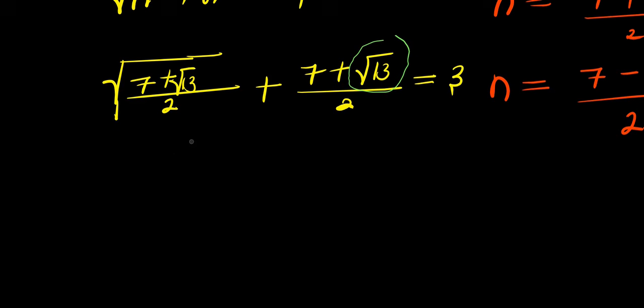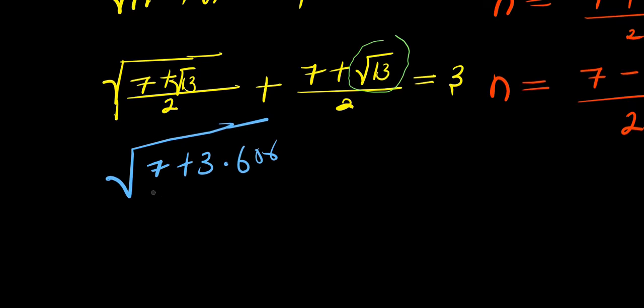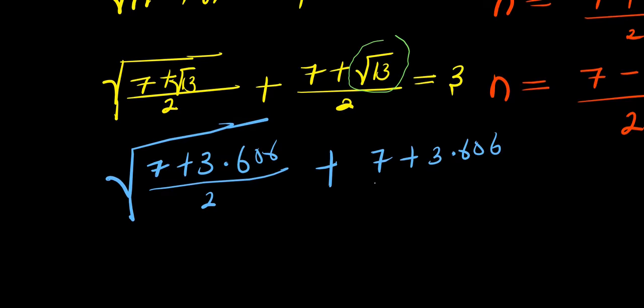So this is square root of 7 plus 3.606 approximately, divided by 2, plus 7 plus 3.606, and this is divided by 2, equals 3.